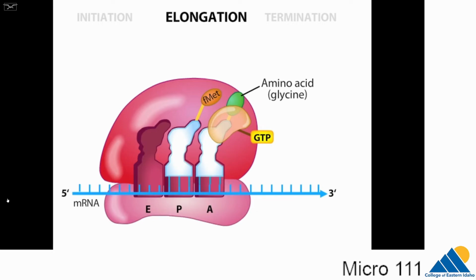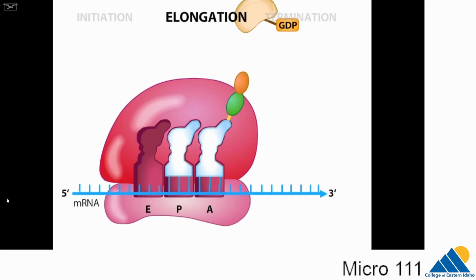Next, the ribosome catalyzes the formation of a peptide bond between the 2 amino acids, and the hydrolysis of GTP drives peptide bond formation. The resulting EF-Tu, GDP, is expelled. An elongation factor called EF-G, associated with GTP, binds to the ribosome.